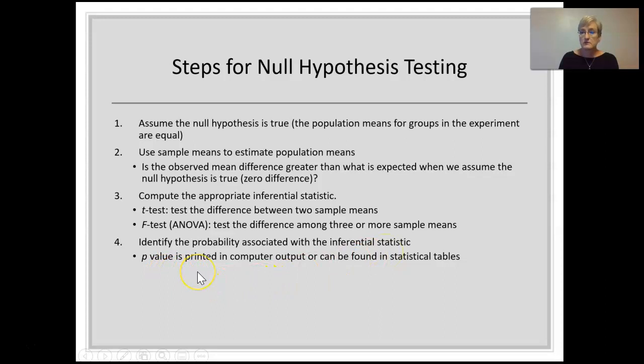The p-value is, with the data you actually have, the likelihood that the finding you're looking at, that the difference you're describing, is due to chance. That p-value is going to be presented to you when you use SPSS or another kind of statistical package, or you can look it up in a table.